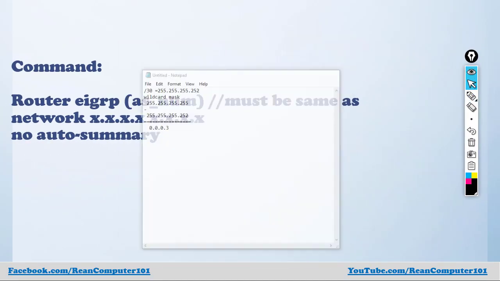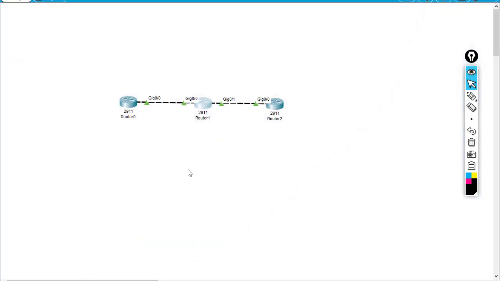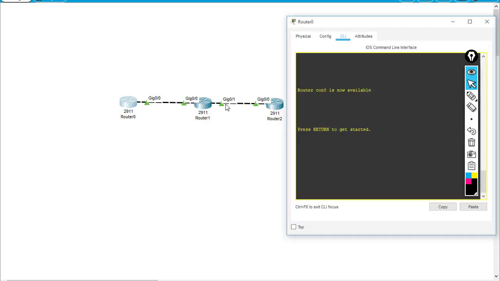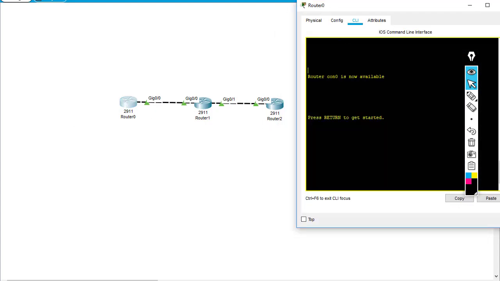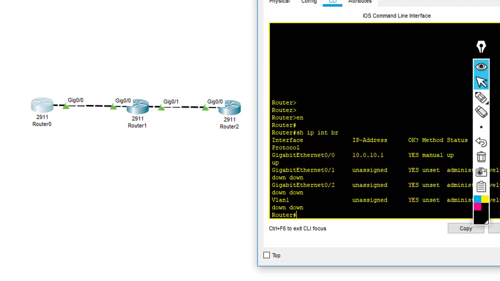So I have a really simple lab here. I already have the pre-configurations for the IP addresses, so show ip interface brief.